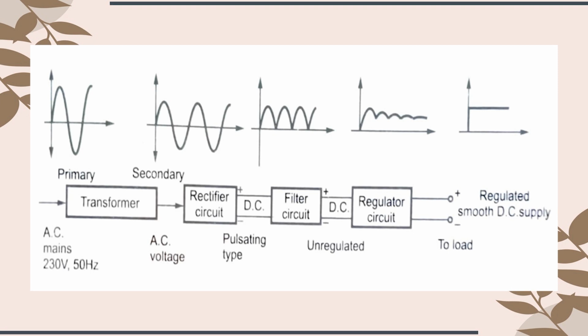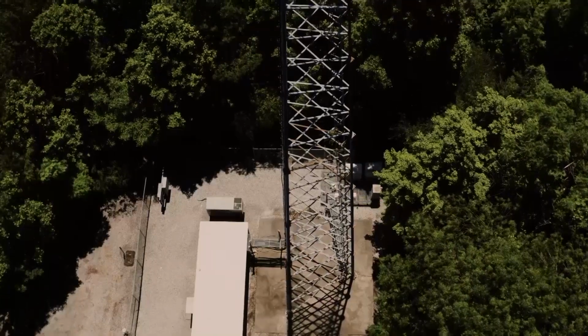So to obtain a pure DC, the output of the rectifier circuit is given to the filter circuit. Now the work of filter circuit is to remove the ripples from the DC obtained from rectifier circuit. After the filter circuit, the DC signal is given to the regulator circuit.